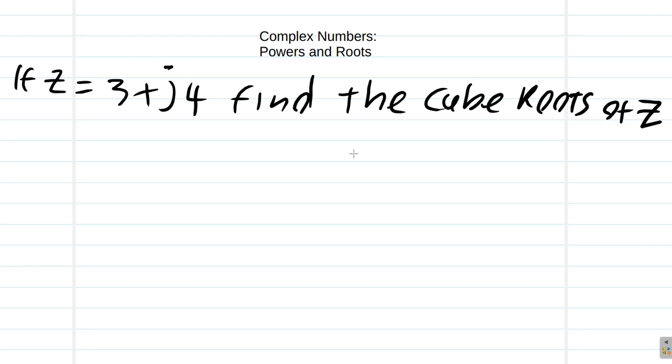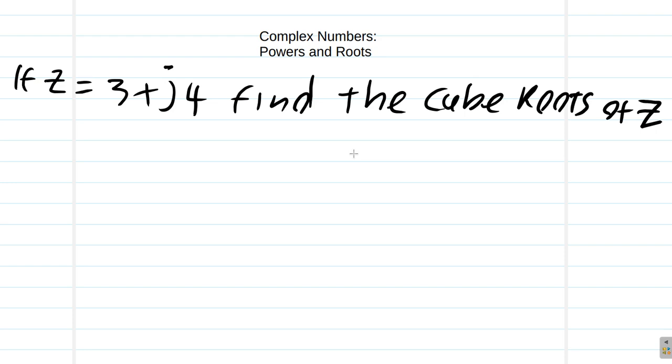Now, I trust that you have already done so. If not, pause the video right now, write it down, and make an attempt at finding the 3 cube roots of z before watching the rest of it.